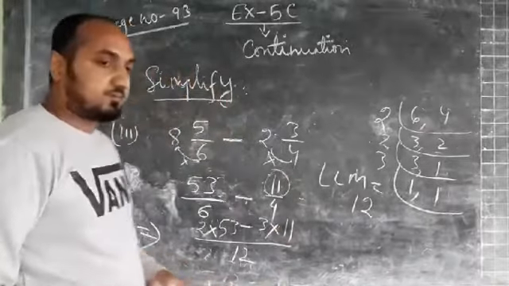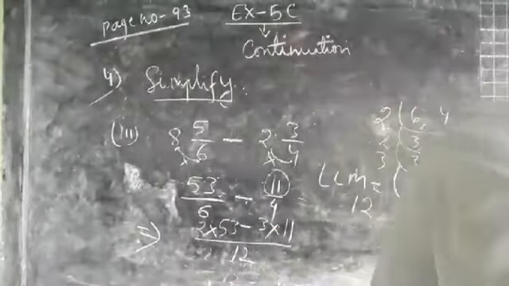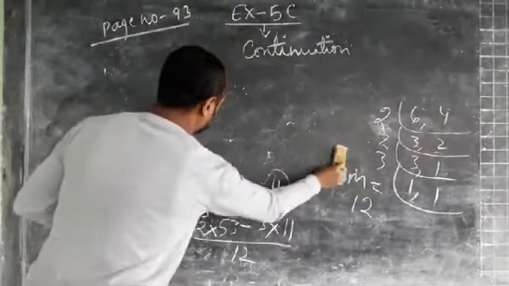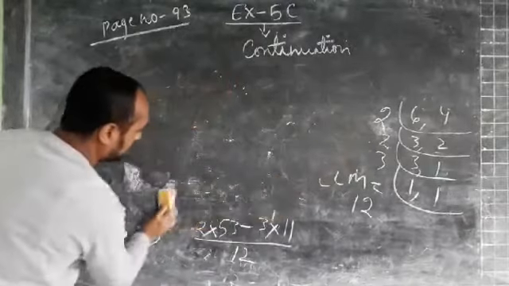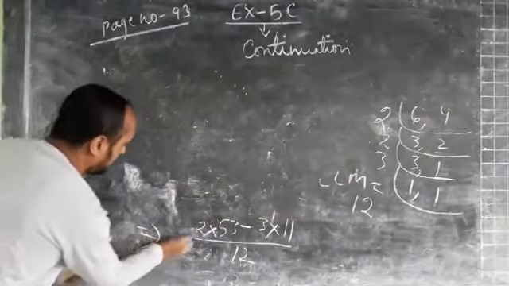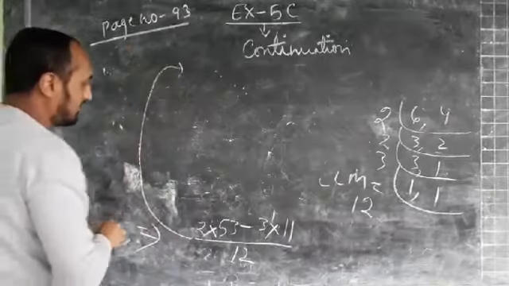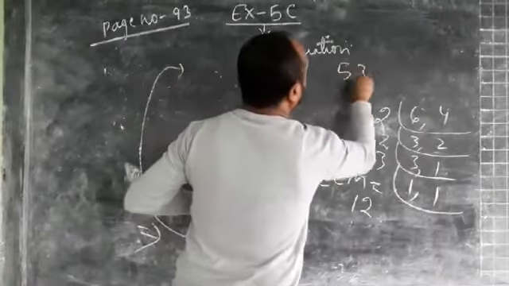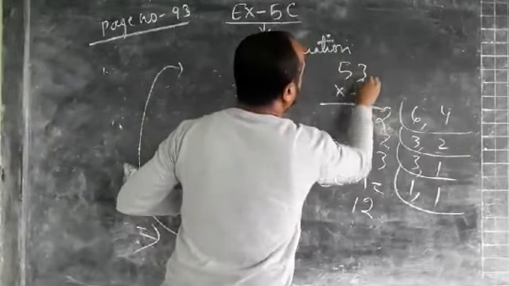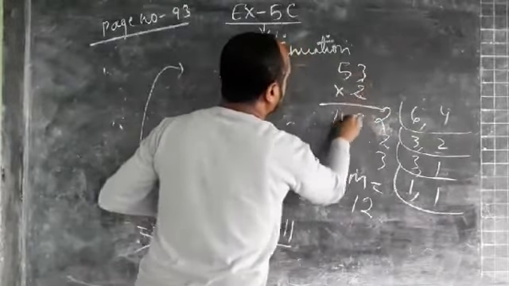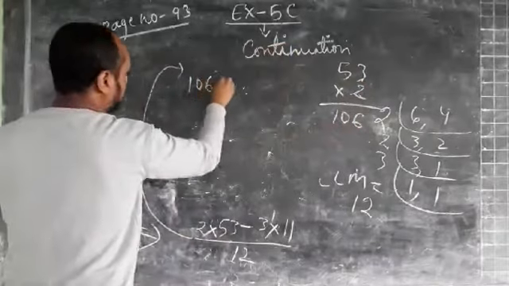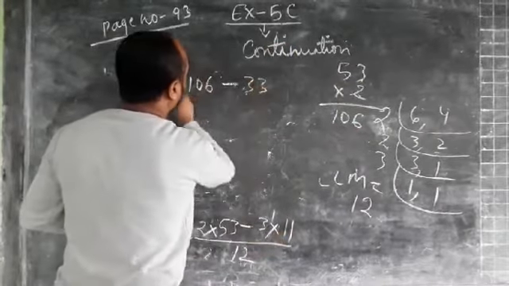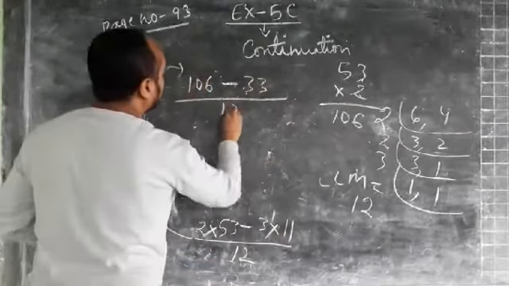Next step, 53 into 2. So here you can do it. 53 into 2. 3 2s are 6, 5 2s are 10. So here we are getting 106 minus 11 3s are 33, divided by 12.